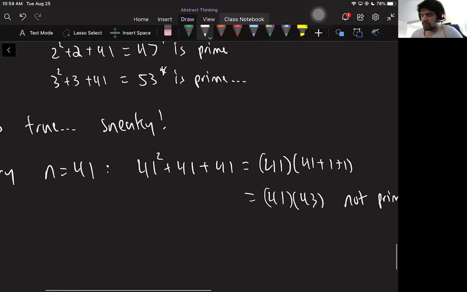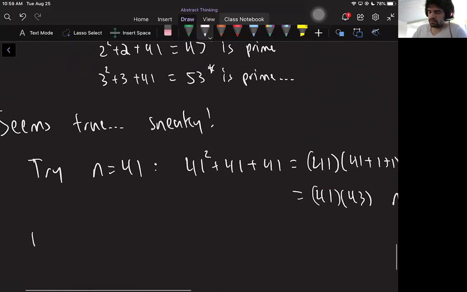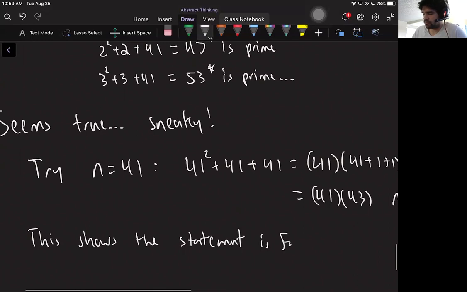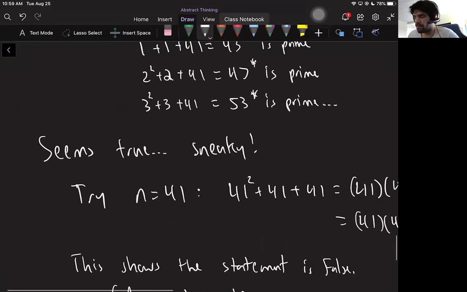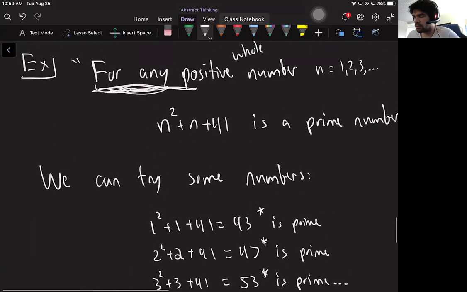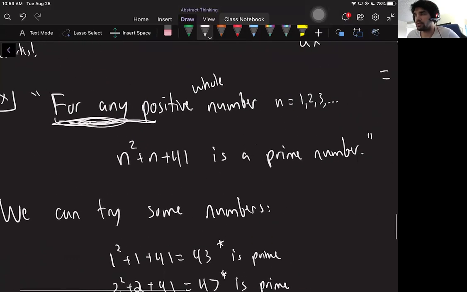So this shows the statement is false. So this is, again, a counterexample. A counterexample can be made when you're trying to say that something always works, and it turns out it doesn't.